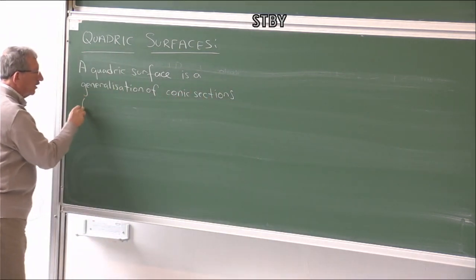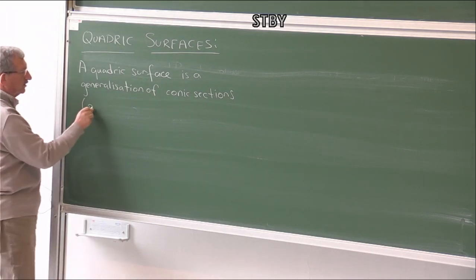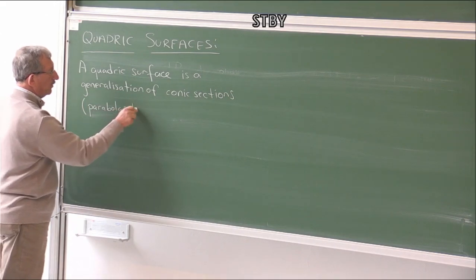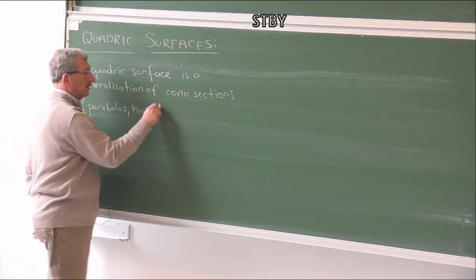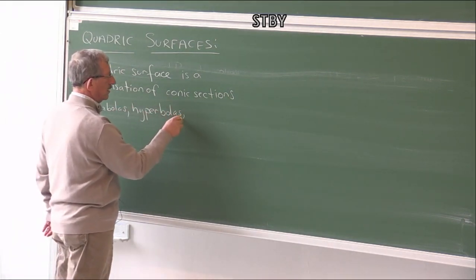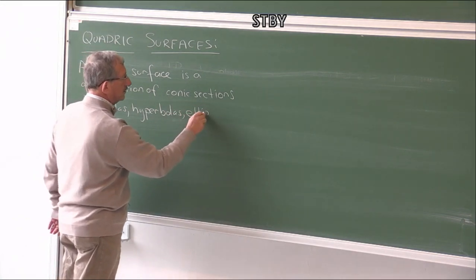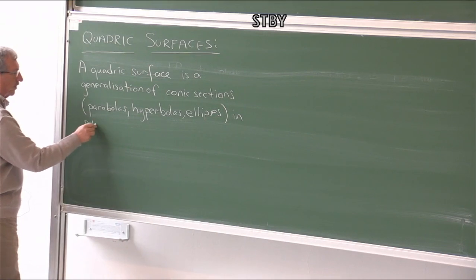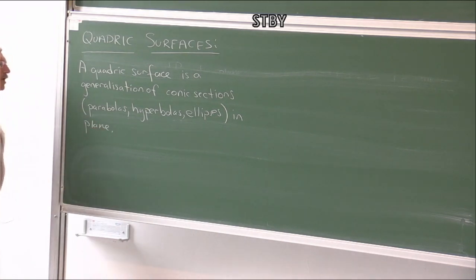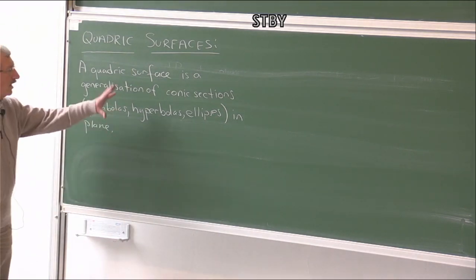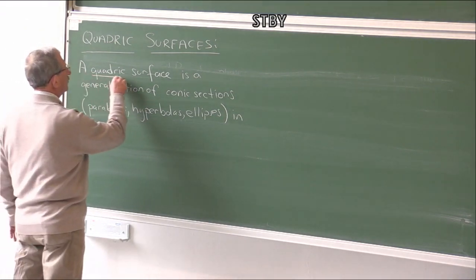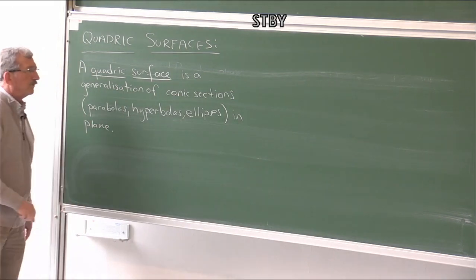Well, recall, conic sections were simply parabolas, hyperbolas, and ellipses in plane. So, if we generalize conic sections to space, we obtain quadric surfaces.